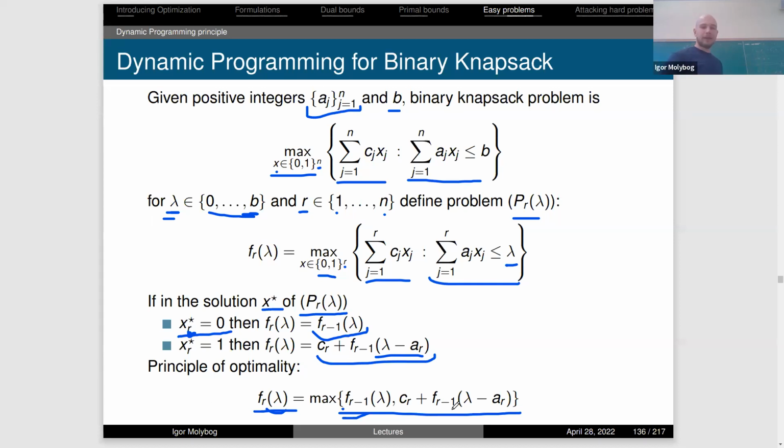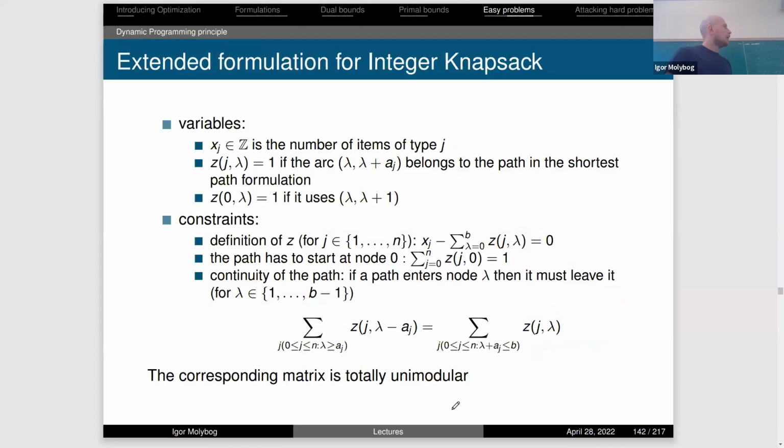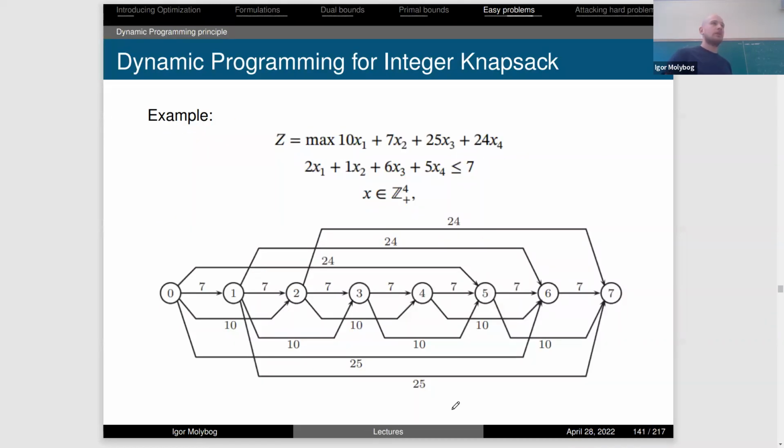It is important to understand that it's actually possible: once you have done this entire line of thinking, you can construct a graphical representation like this one that corresponds to that principle of optimality. But it's not necessary that you first construct a graph and then construct the principle of optimality. It can go the other way around, and most commonly it goes the other way around. Okay, any questions regarding dynamic programming?